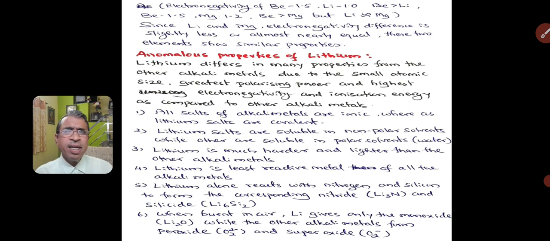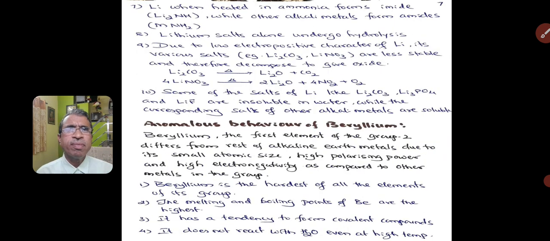When lithium burns in air, it gives only the monoxide, that is Li2O, while other alkali metals form peroxides and superoxides. Lithium, when heated in ammonia, forms imide, that is Li2NH, while other alkali metals form amides, that is MNH2.